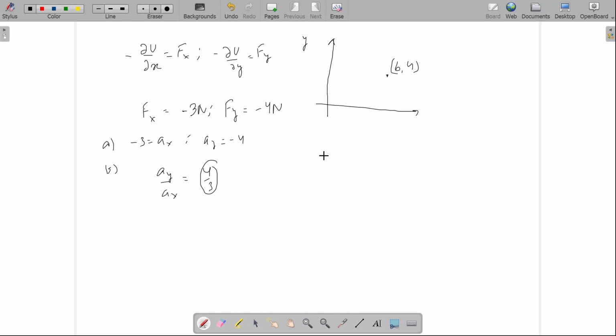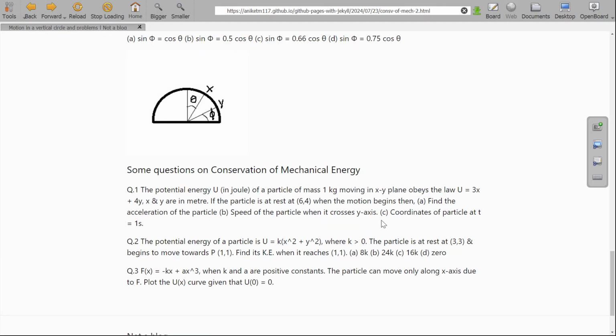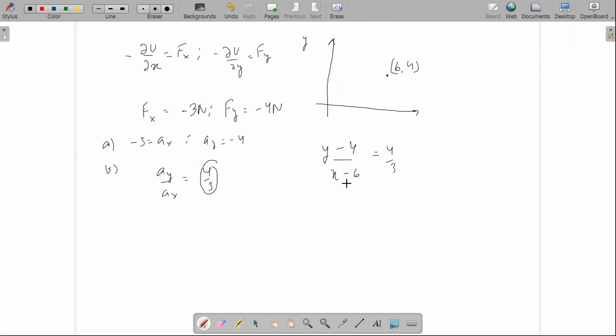So that would be somewhere something like this: y minus the y coordinate, that is 4, divided by x minus the x coordinate, that is 6, is equal to 4 upon 3. So this would be the straight line in which the particle would be going. So when the particle crosses the y-axis, the x coordinate would be 0.